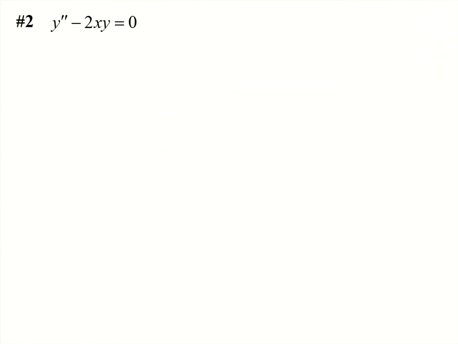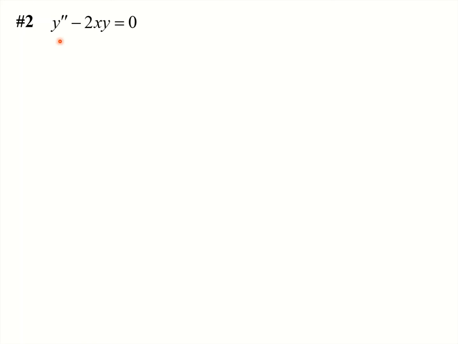There's the next problem. And it looks like our first problem, except our first problem just had a y prime there. So if we change this to y double prime, we get a differential equation that doesn't have constant coefficients. We cannot really solve this differential equation with any of the techniques that we know.